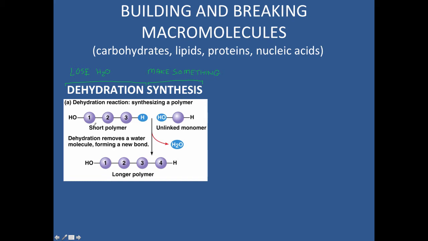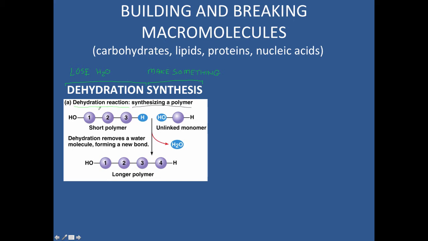So let's get into this figure a little more closely. Another name for a dehydration synthesis is dehydration reaction. And it says here, we can define that as the synthesis of a polymer. So we're making a big molecule.